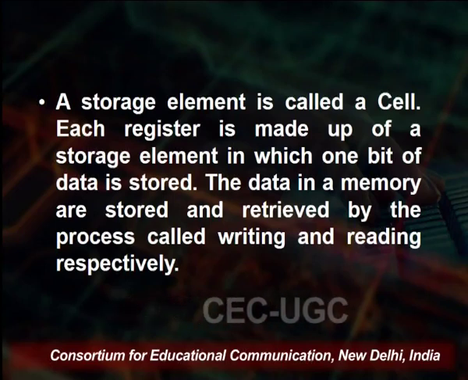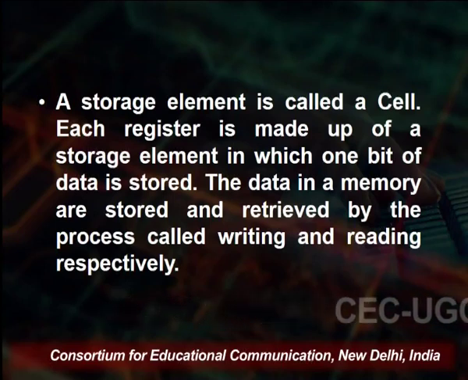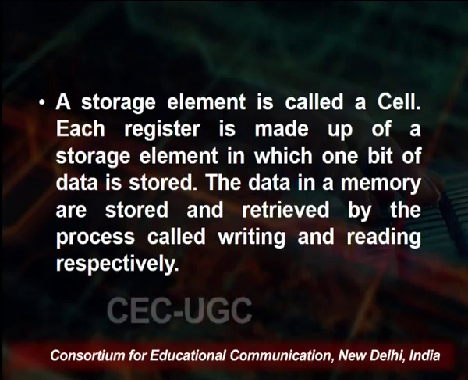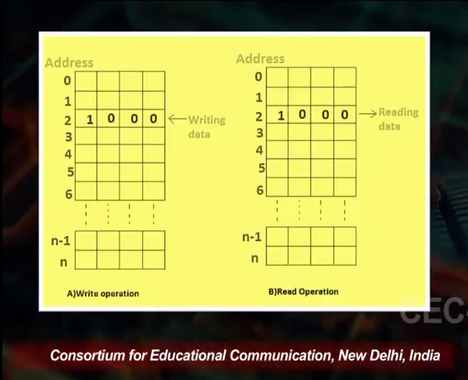The data in the memory are stored and retrieved by the processes called writing and reading respectively. Means we store the data by writing and retrieve it by reading. You see the addresses from 0 to 6 we have mentioned here.